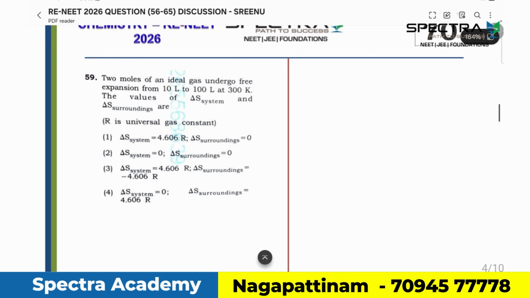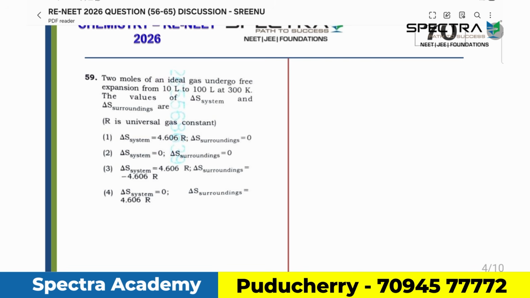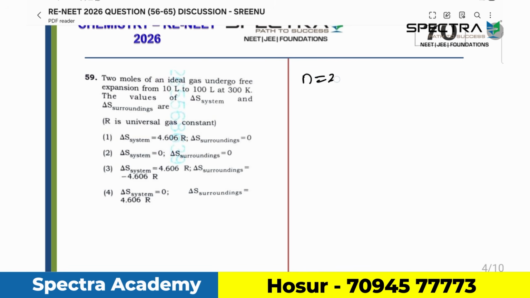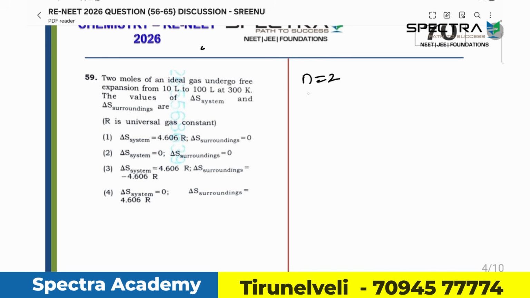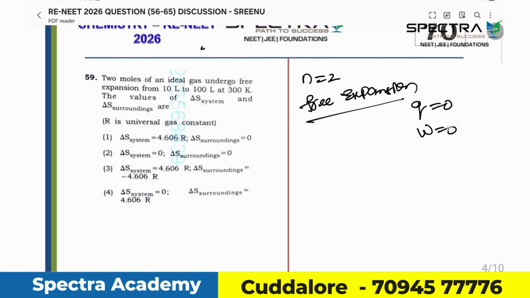We'll move to the next question, question number 59. Here it is very easy. 2 moles of ideal gas undergoes free expansion. Very important line, this is free expansion. In free expansion we know that Q is equal to 0, W is equal to 0, delta U is equal to 0.